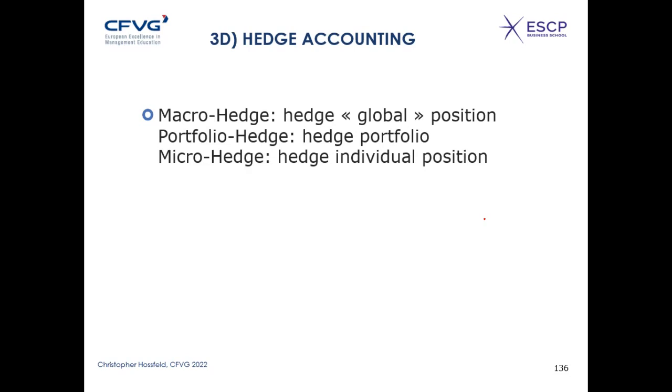Okay, there are different approaches to hedging. Global position, macro hedging, for example. Well, in a macro hedge, what I can do is, if I look at my balance sheet, so imagine you have a currency risk related to the US dollar. So a macro hedge would mean I set up my balance sheet with all my dollar positions.